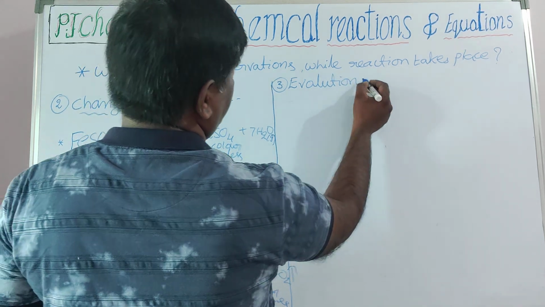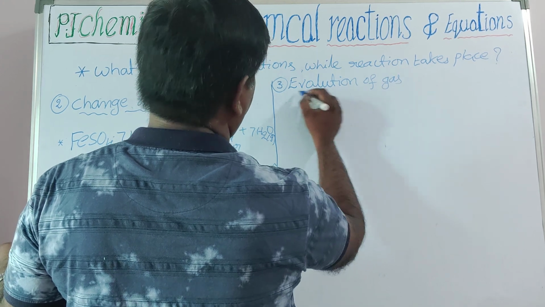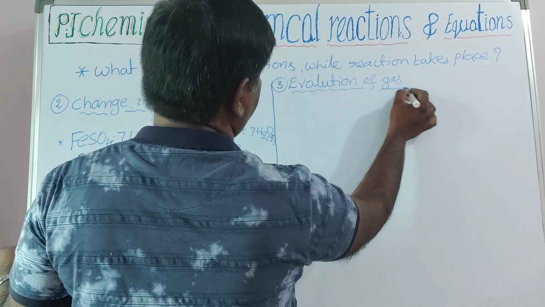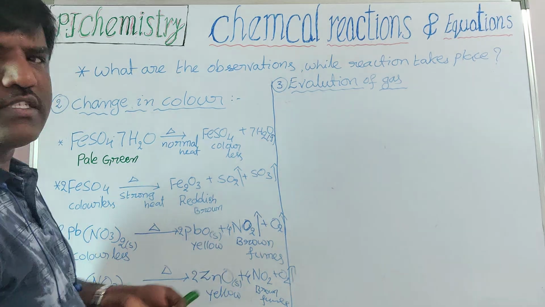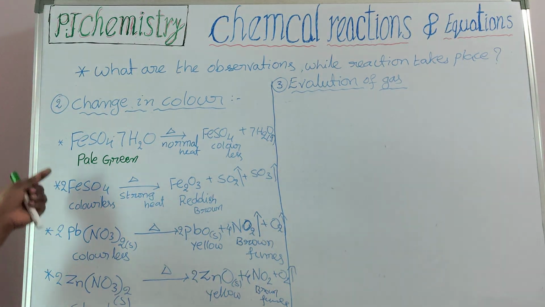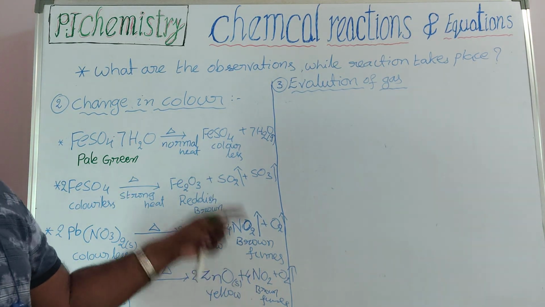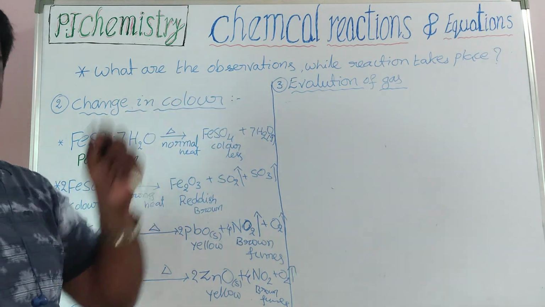Evolution of gas means gas liberation from the reaction, and all these examples show evolution of gas. Here we discussed changes in color, and in every example gas liberation was there, so you can repeat the same examples for this also.